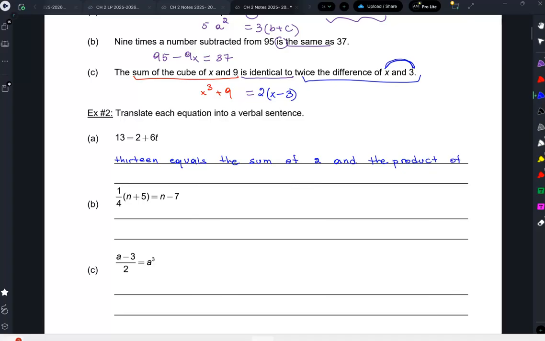When we're writing like a verbal expression, do we write the number as just like the number, or do we write the number in letters? Either way. Again, different times I might write it a little bit differently, right? I wrote 13 equals, I went a little fancy. 13 equals the sum of 2 and the product of 6 and t.